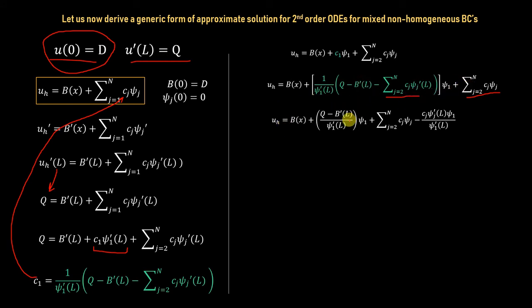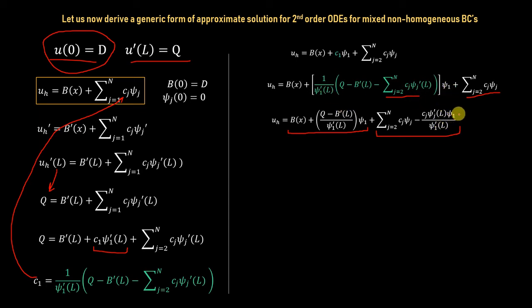This part is out of the summation, and this part is inside the summation. This is Cj: you can see here Cj is Ij minus this part divided by C1 psi1 dash at L, multiplied by psi1.